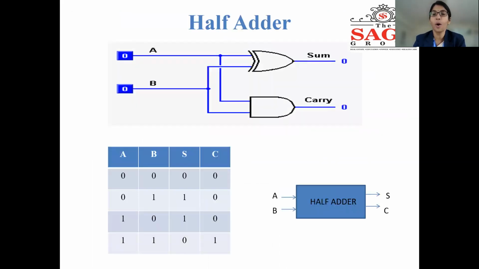Next, we will see the combinational circuits one by one. The best example of a combinational circuit is the half adder, which is used for the addition of two binary bits. The name itself indicates it is an adder, and since it is a half adder, it is used for the addition of two binary bits.